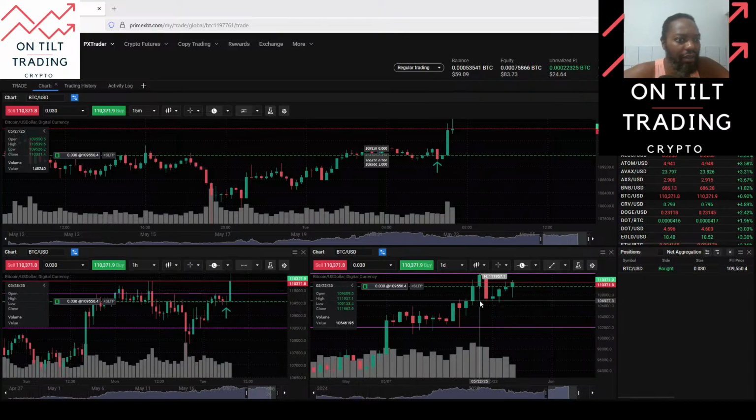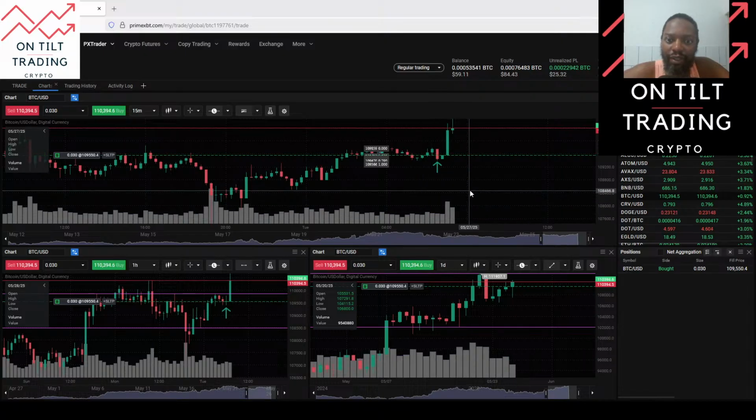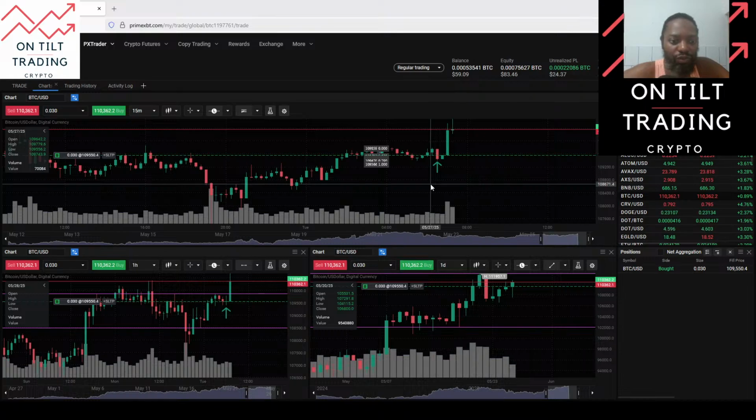I'm going to keep an eye on this. Hopefully we'll get some continuation and go to target. If not, then I will be watching structure on the 15-minute chart and take an exit if the signal comes up. But hopefully we can push towards target before the close of today.